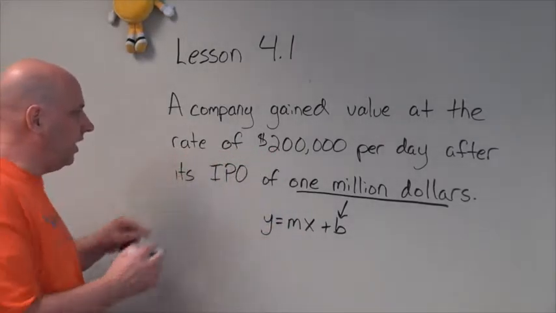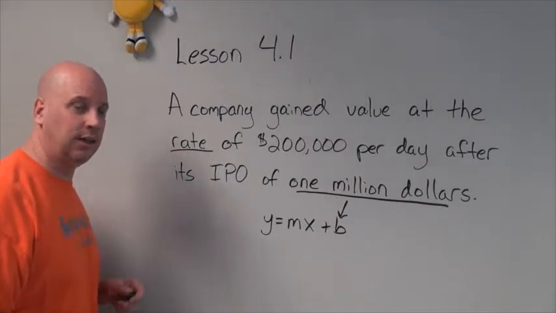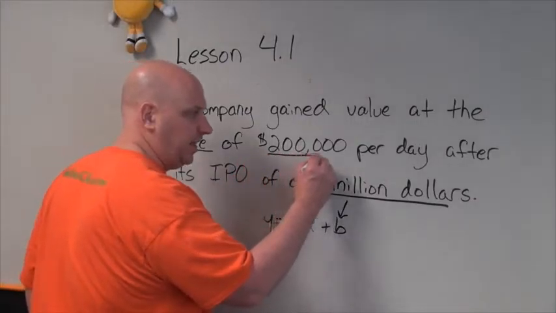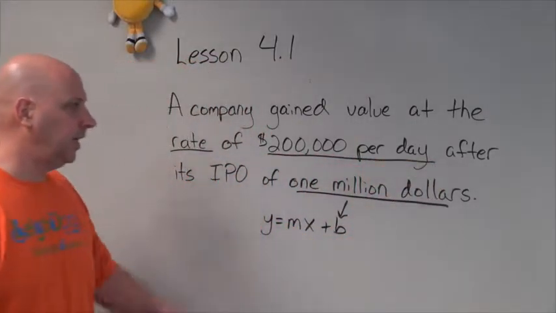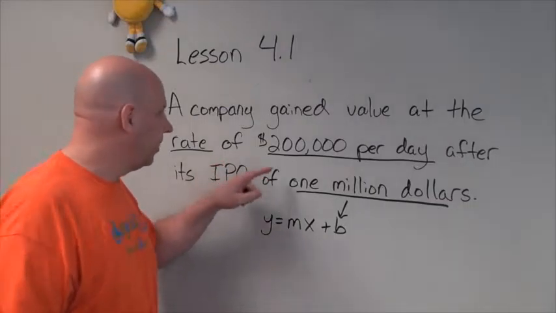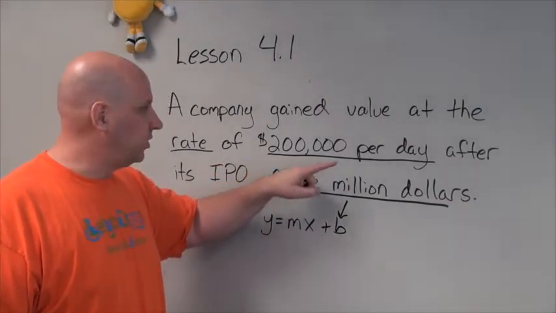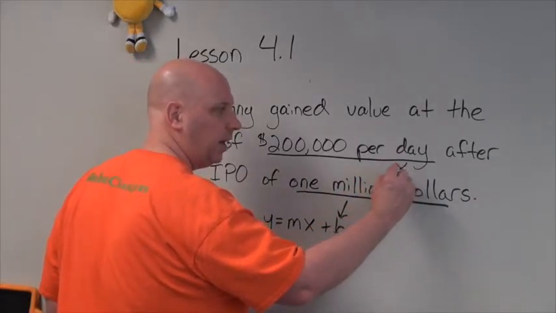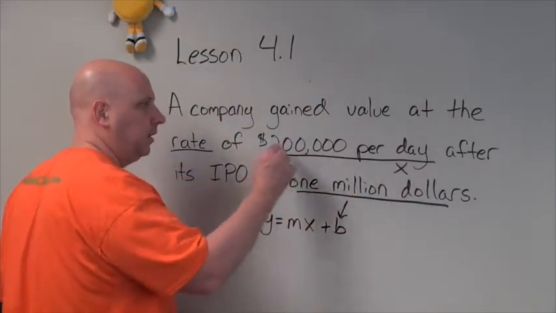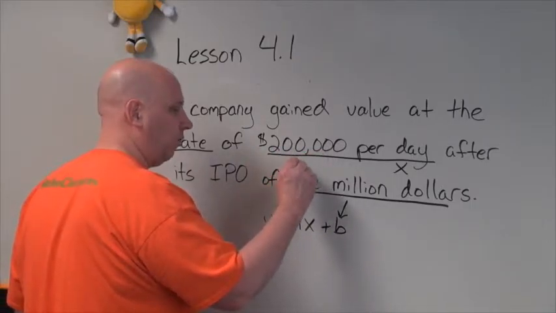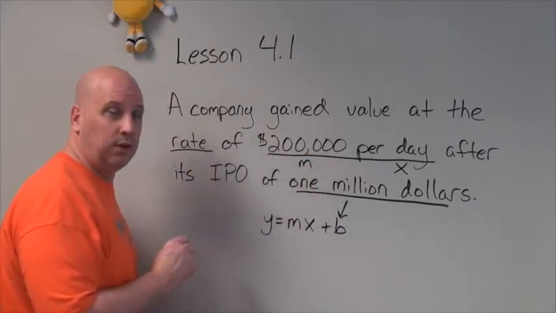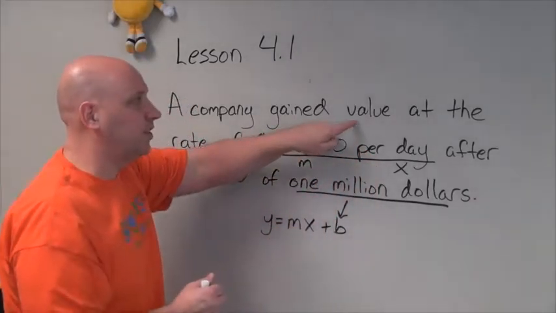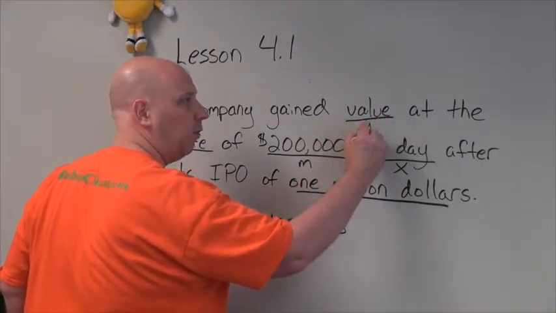Now, keyword right here, and I stress that, rate of $200,000 per day. That's telling you that this is $200,000 per day, so days will be our independent variable. $200,000 is our rate, or our slope, and then this amount of money at this rate would give us our value, which would be our y.